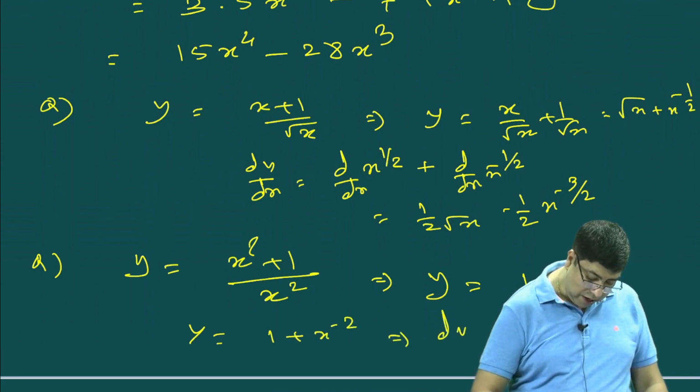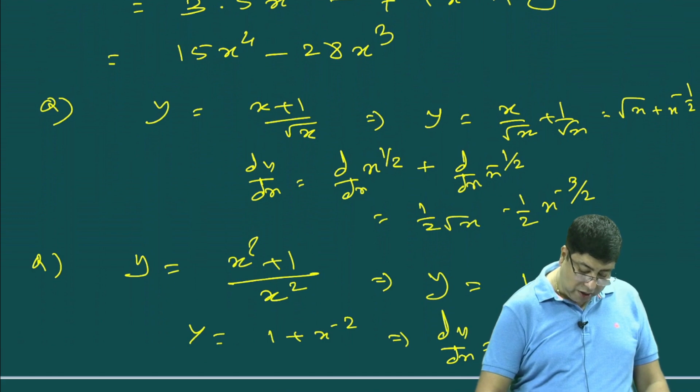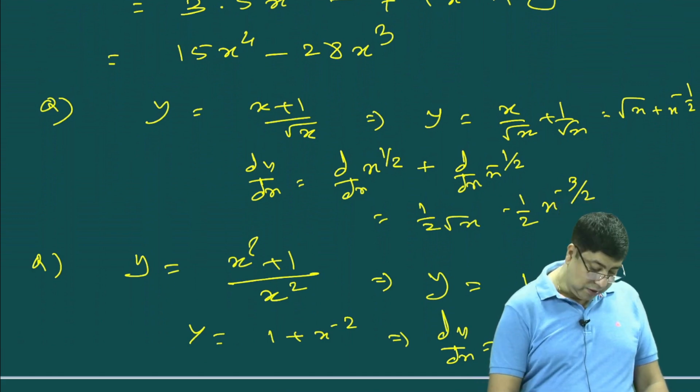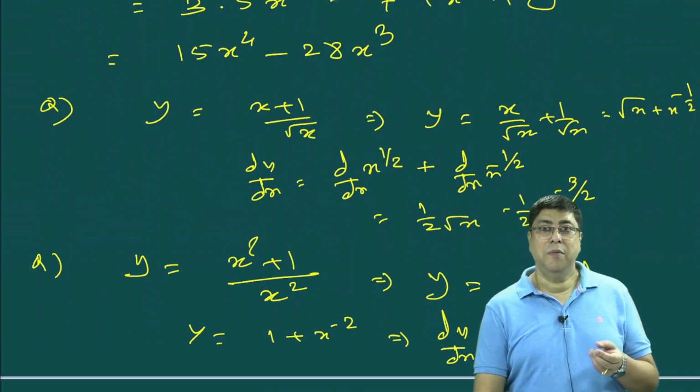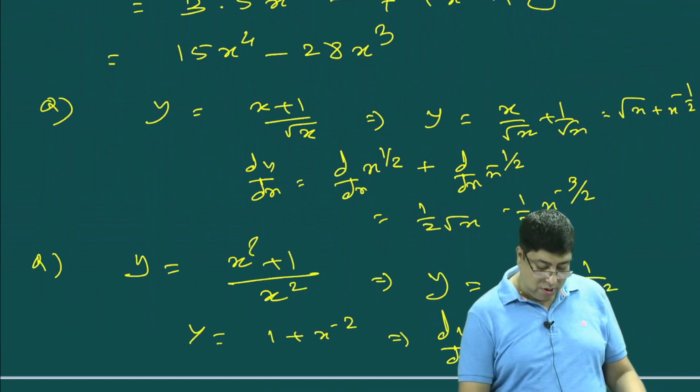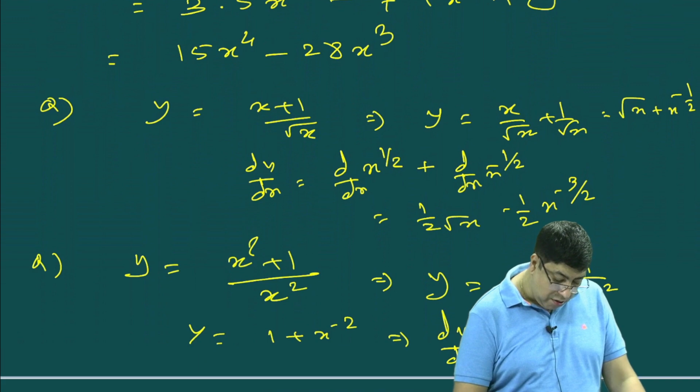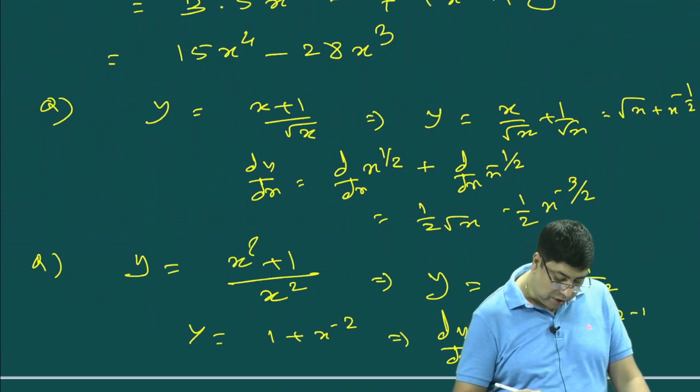Now let us apply d dx. The derivative of 1 is 0, so I am not writing much. And for x to the power minus 2, using n x to the power n minus 1, we get minus 2 x to the power minus 3. This is the sum.